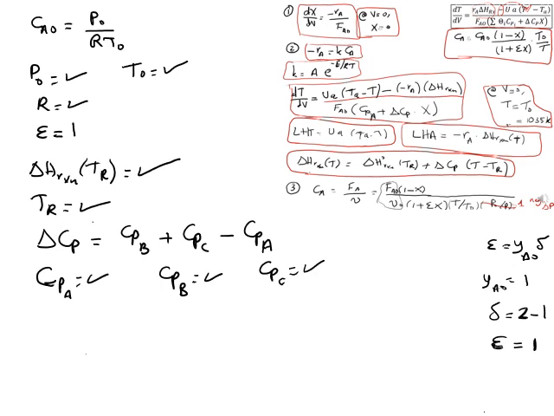Let's go to the localized heat absorbed, localized heat transferred. For the localized heat transferred, we have a value for U, right? What about the value of A? Well, we can calculate that.